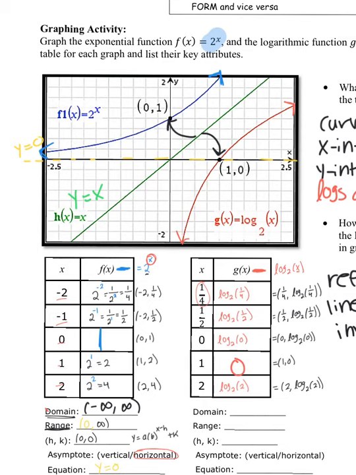Notice that all of the x values are on the positive side of the x-axis. We don't have any x values on the negative side of the x-axis. So past this line here, I don't have any negative x values listed for a log function.